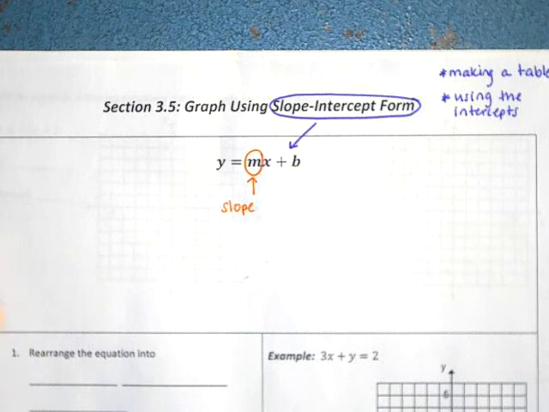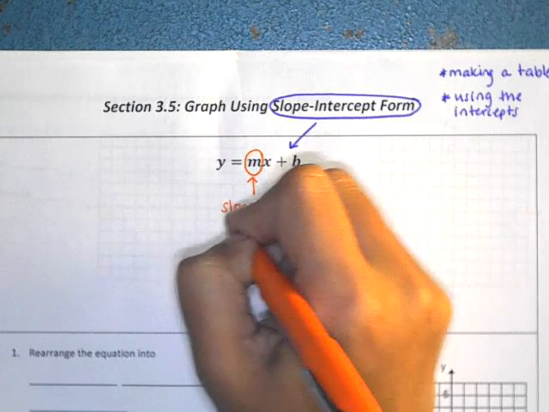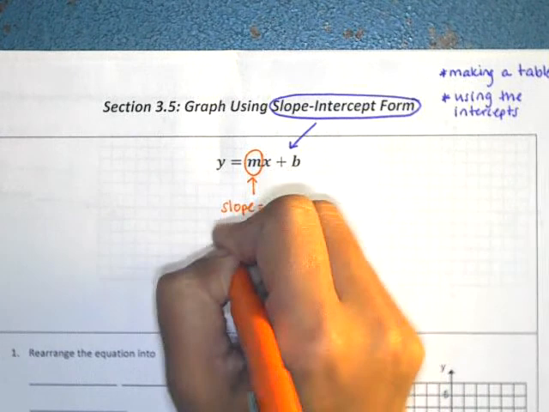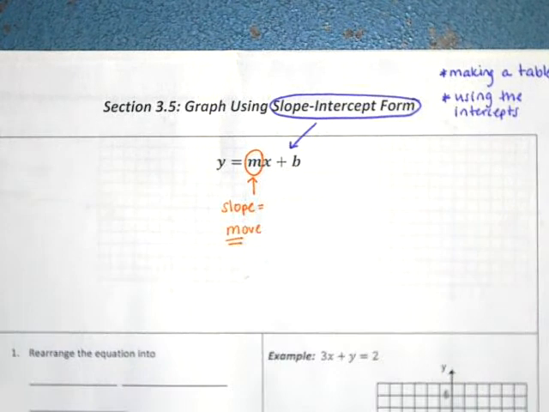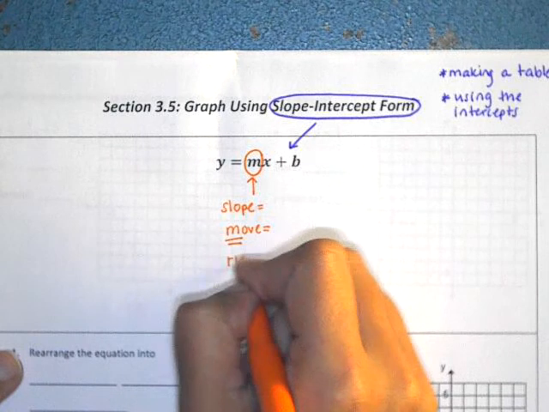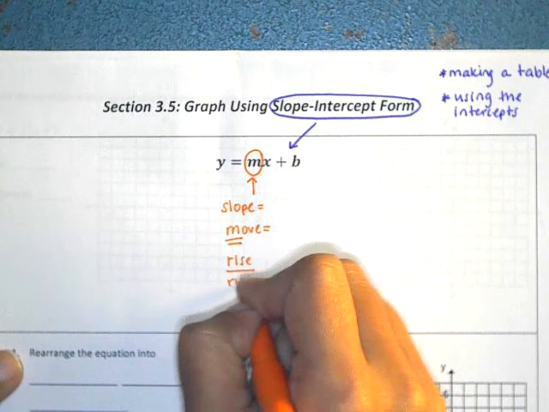The reason we use the letter m is because it tells us how to move between 2 points. So once we know how to start, we're going to be able to use this pattern to move to the next point. And the pattern is rise over run.